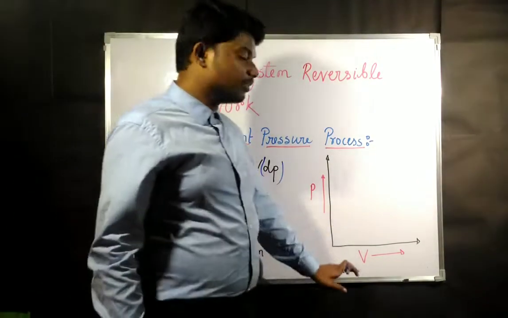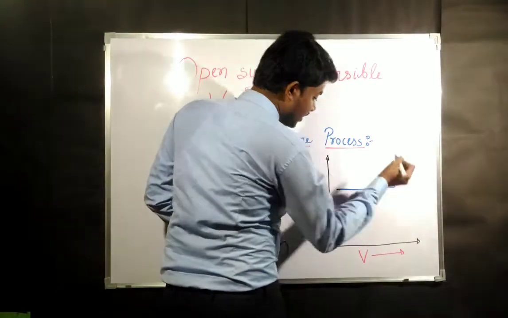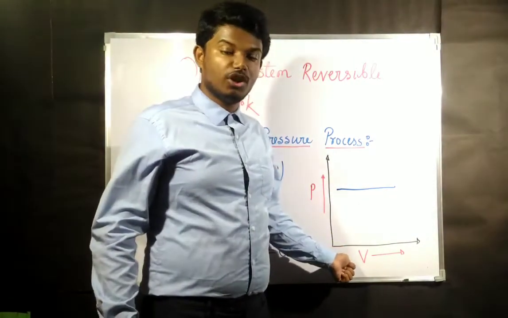Now if we come to the PV diagram, a constant pressure process is generally a straight line perpendicular to the pressure axis, or parallel to the volume axis.